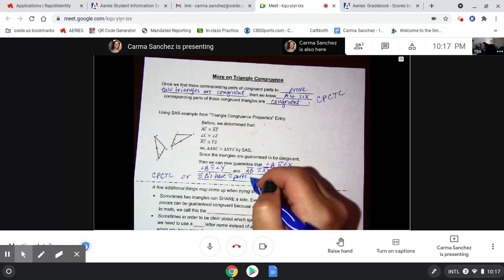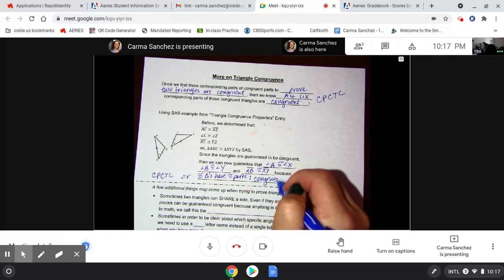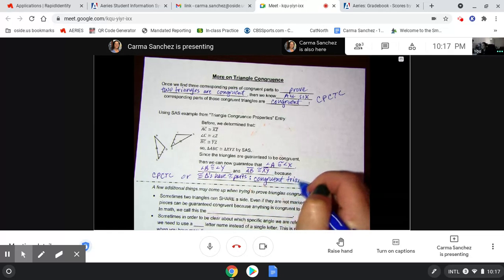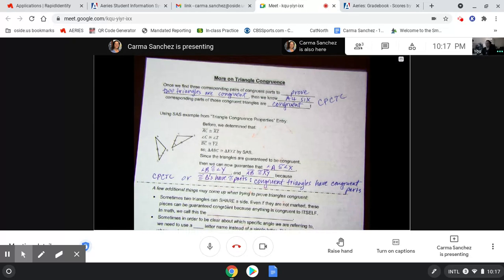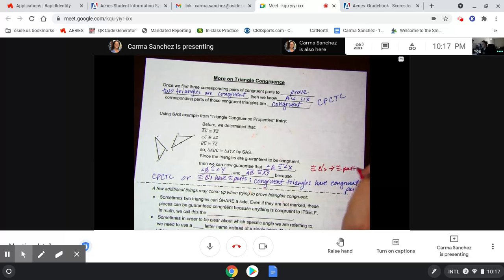And so I want to write this out and then give you the full notation. Congruent triangles have congruent parts. And what does that notation look like? It would go like this.